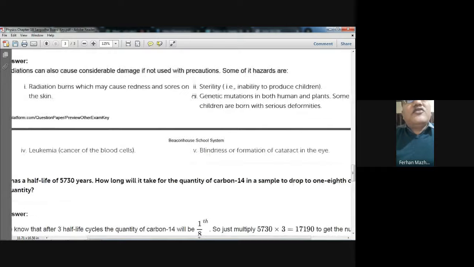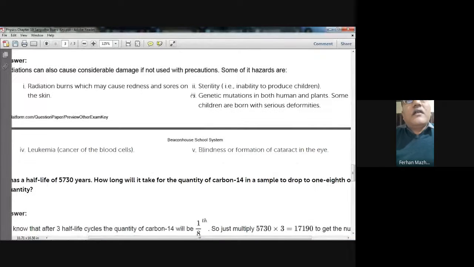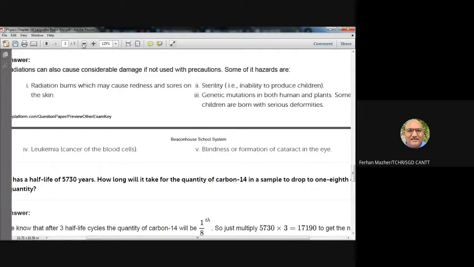Radiations can also cause considerable damage if not used with precautions. Some of its hazards are radiation burns, which may cause redness and sores on the skin. It can damage your skin.